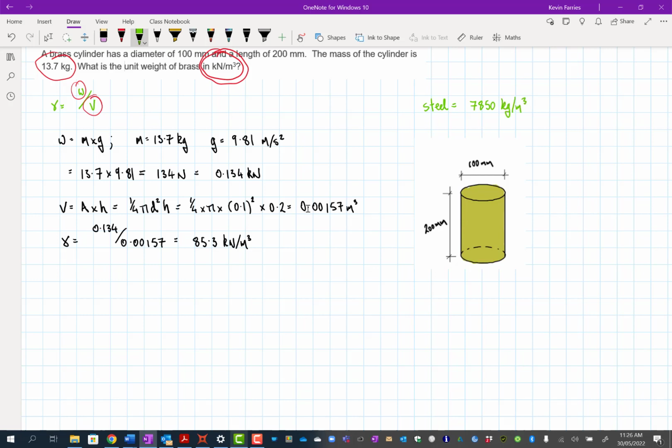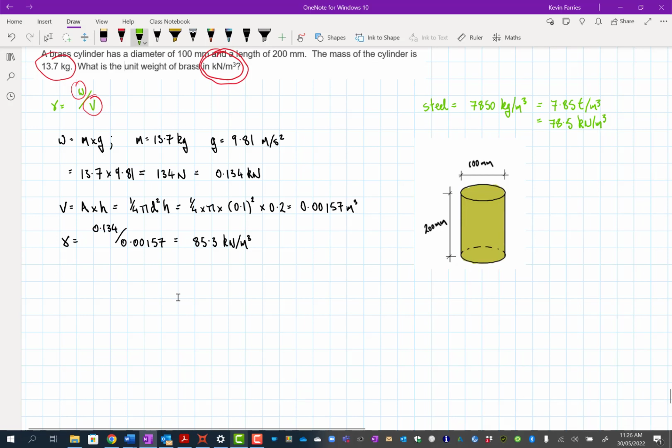That's the same as 7.85 tons per meter cubed, which is approximately equal to 78.5 kilonewtons per meter cubed, just using all these conversions that we've been using so far. So I know steel is 78.5 kilonewtons per meter cubed. I know brass is a fairly dense material, unlike aluminium. Brass is pretty heavy, and so that looks like a sensible answer.